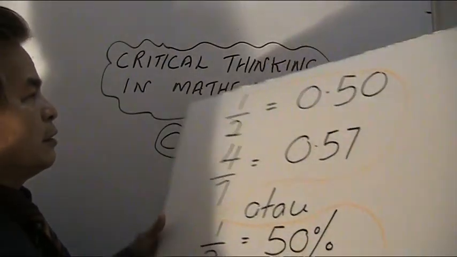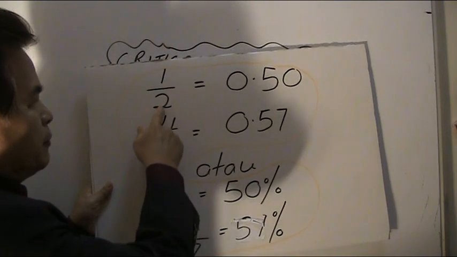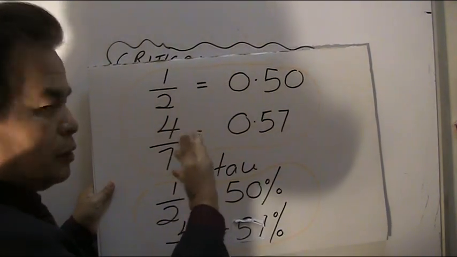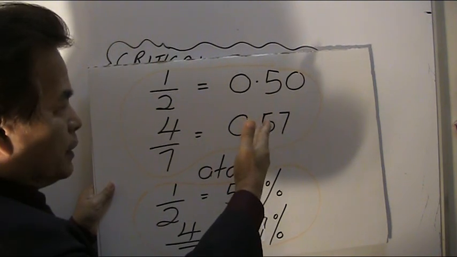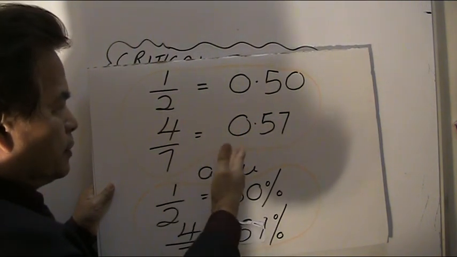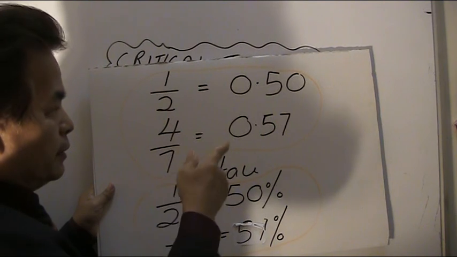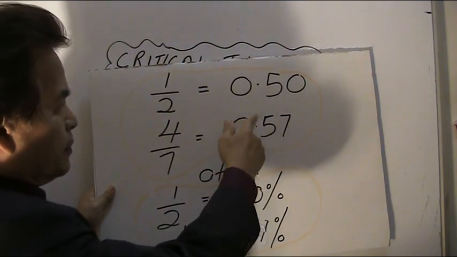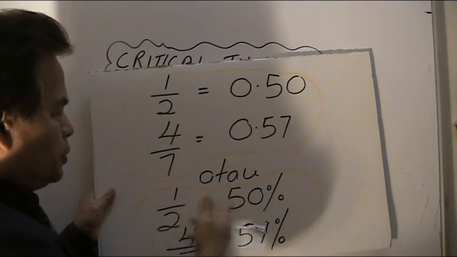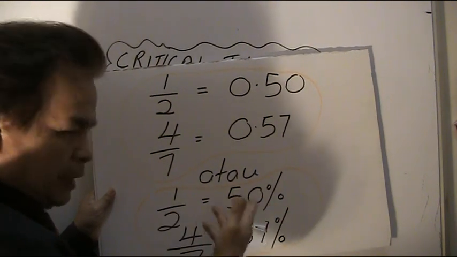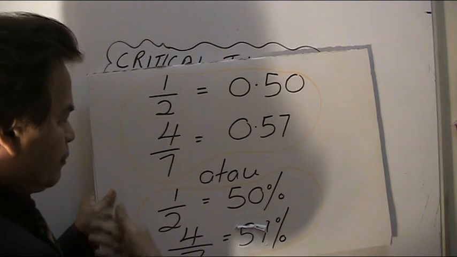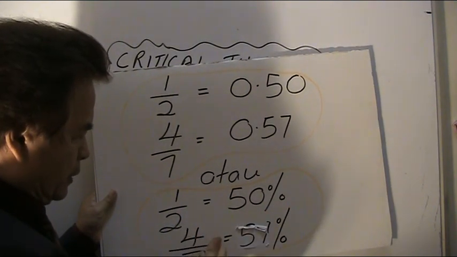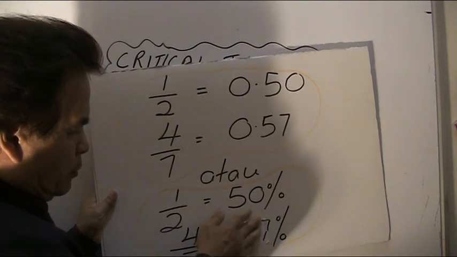Or they can change the 1/2 to decimal. 1/2 equals 0.50, and 4/7 is 0.57. And there again, they can see that 0.57 is greater than 0.50. Or they can change that to percentage. For example, 1/2 is equal to 50%, and 4/7 is close to 57%, which is more than 50%.